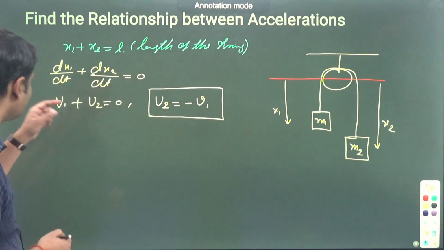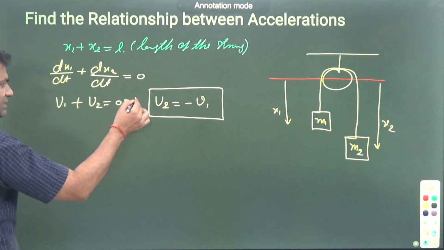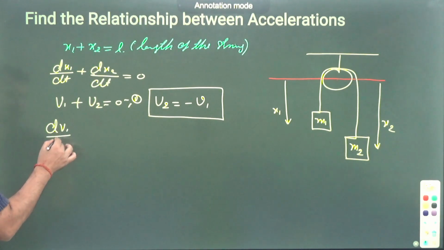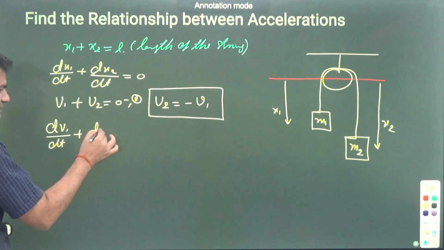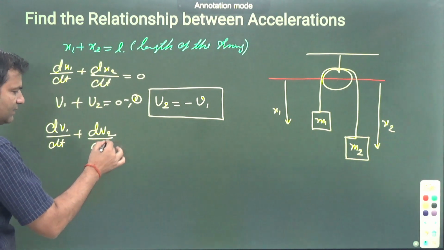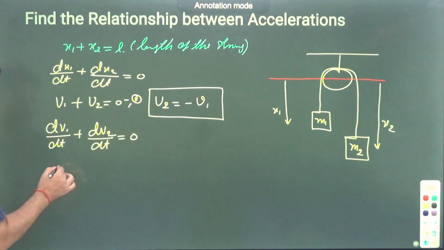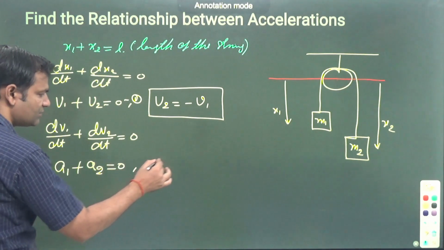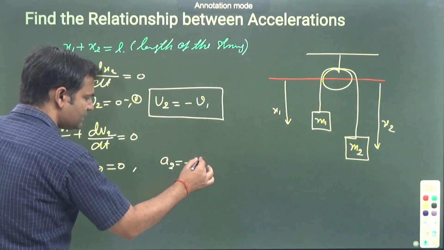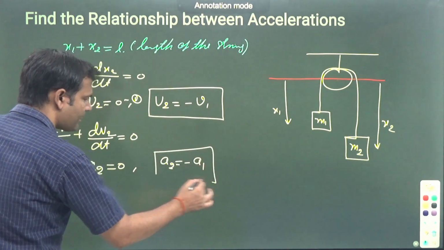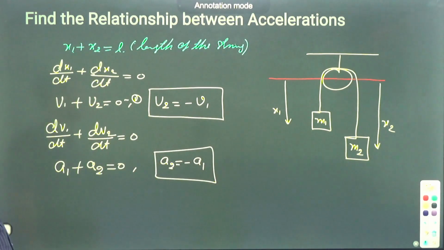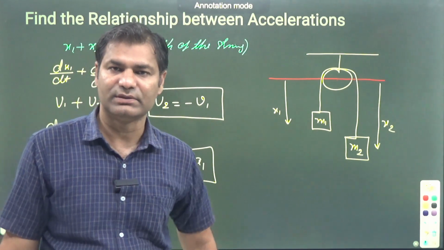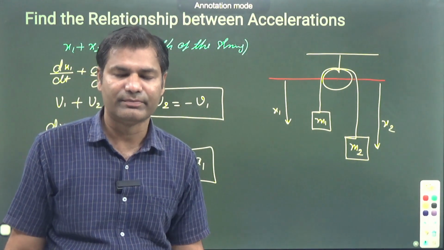If we differentiate this equation again, we get acceleration: a1 plus a2 equals 0. So what about a2? a2 equals minus a1. What does a2 equals minus a1 mean?